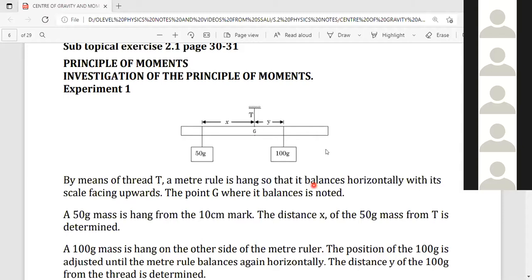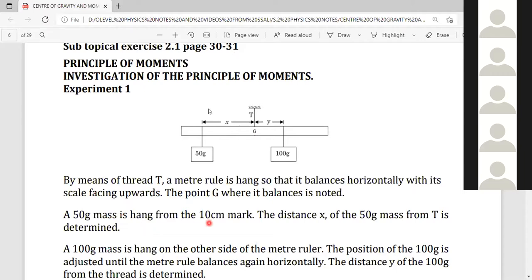Yes. Okay, you were talking about X, how we got X as 40. Yes, teacher. In the procedure, they say that the 50 gram mass is hung from the 10 centimeter mark. May you read this line? 50 gram mass is hung from the 10 centimeter mark.